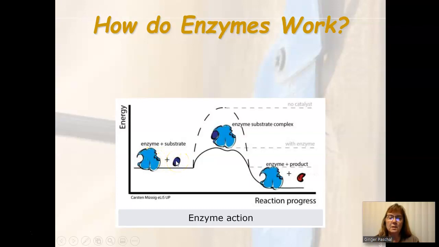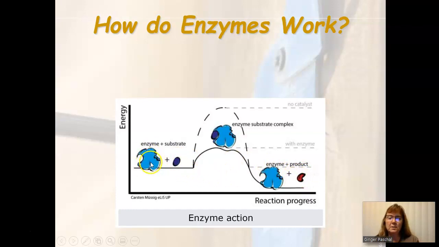So this substrate is going to plug into the enzyme like you see here, and as soon as it does that, this energy that has to be overcome is reduced. Then this substrate can go through the process of becoming the product. This substrate is also called the reactant, and the product is what is actually made.